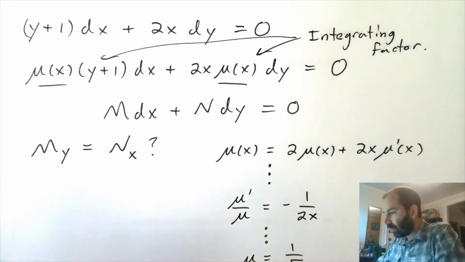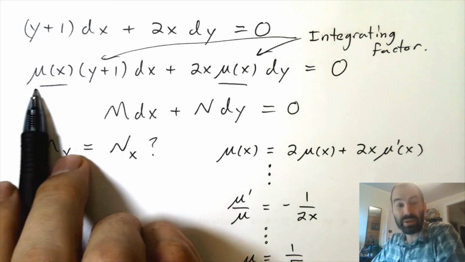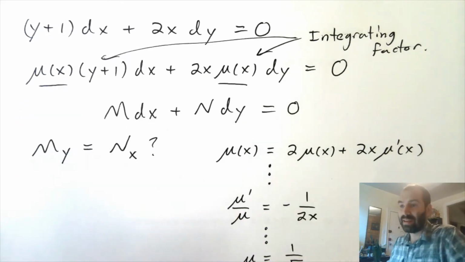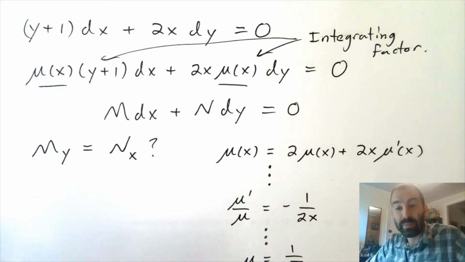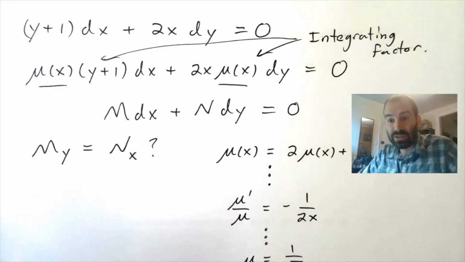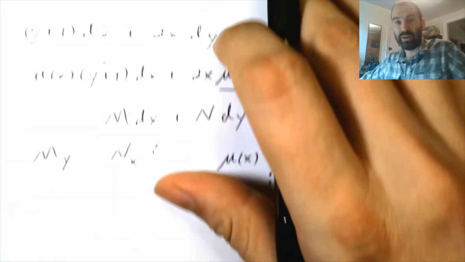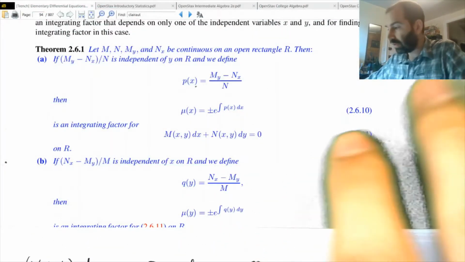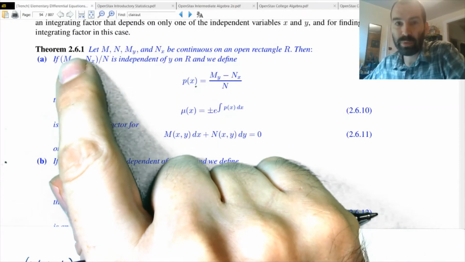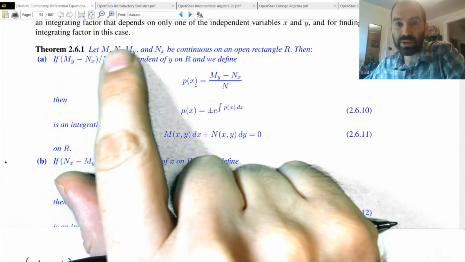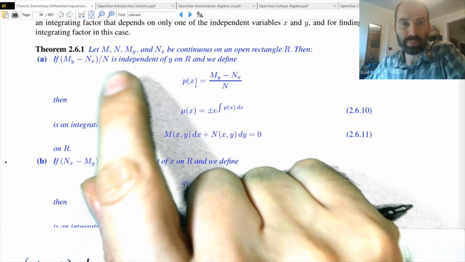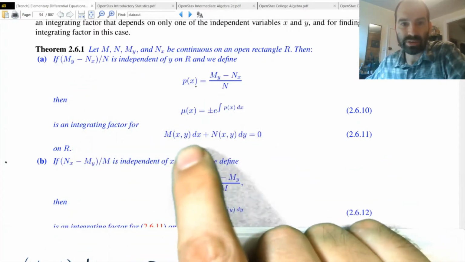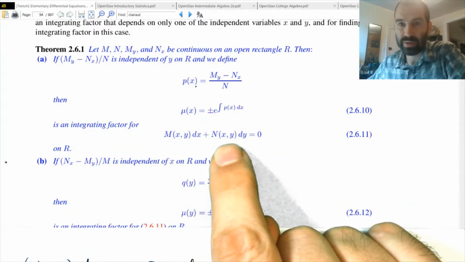Now, here what we did is we just guessed that it might be some function of x, and it happened to work. So if you look in your book, they give you a little bit more insight on how to make this guess, all right? So let's go take a look at your book here. If we look at theorem 2.6.1, they tell you exactly what's going on. So the integrating factor, so here's our differential equation, right?